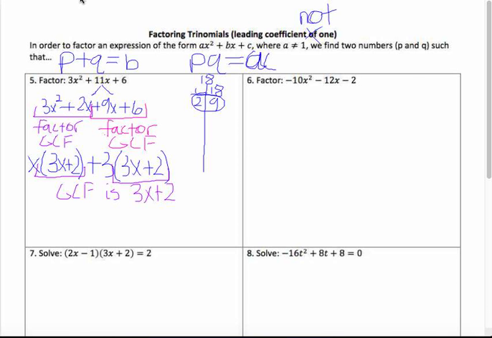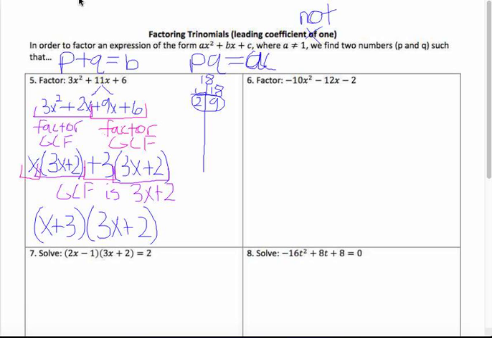And if I factored 3x plus 2 out of both of these terms, I would get x plus 3 times 3x plus 2. So the x plus 3 comes from this. I have x and I have plus 3. And now it's factored. It feels like magic, but it's factored.